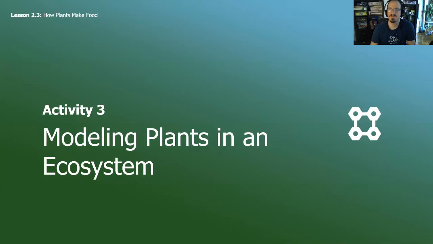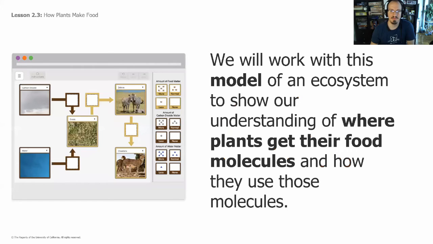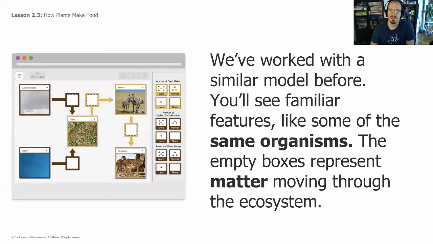So next, we're going to take a look at plants in an ecosystem and build a model for them. So we're going to work with this model of an ecosystem to show our understanding of where plants get their food molecules and how they use those molecules. So we've worked with a similar model before.